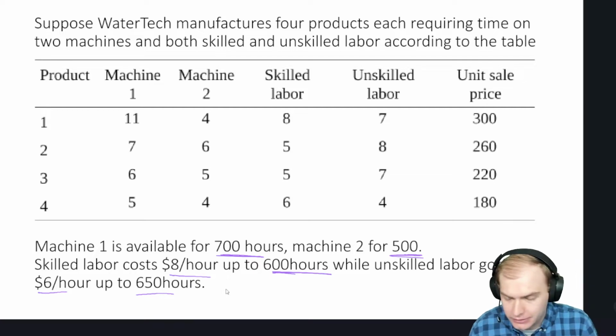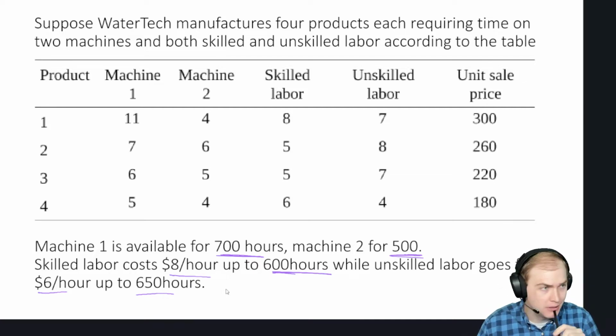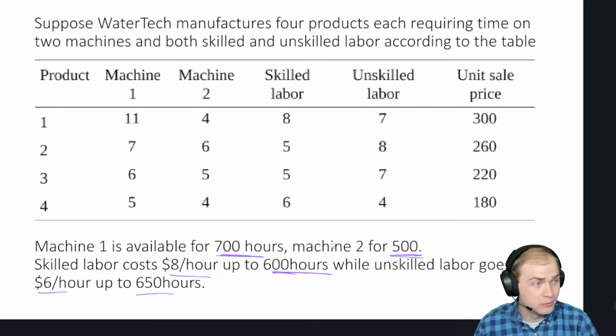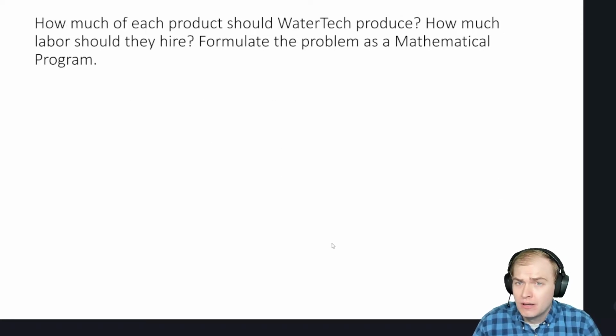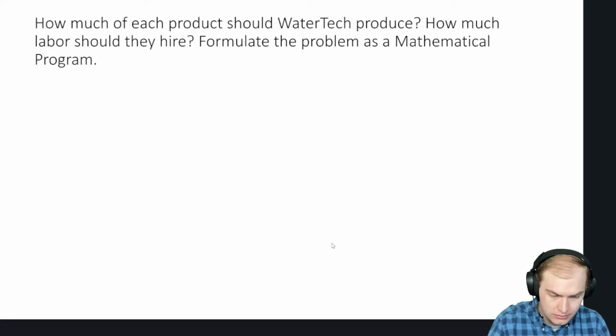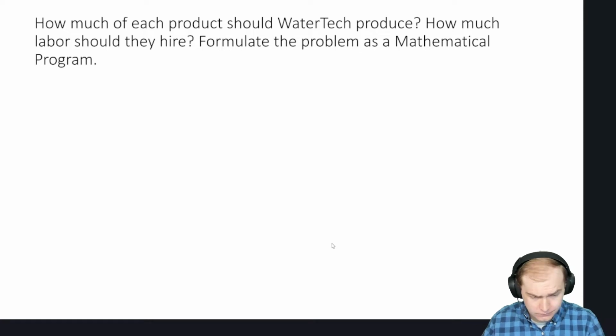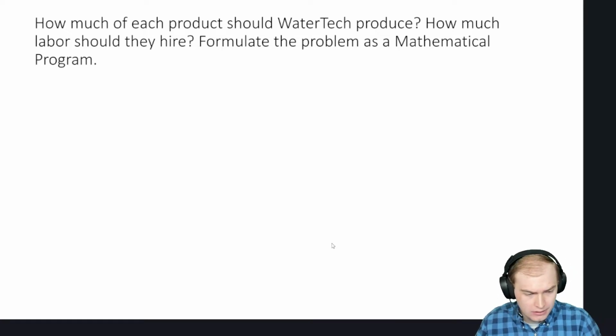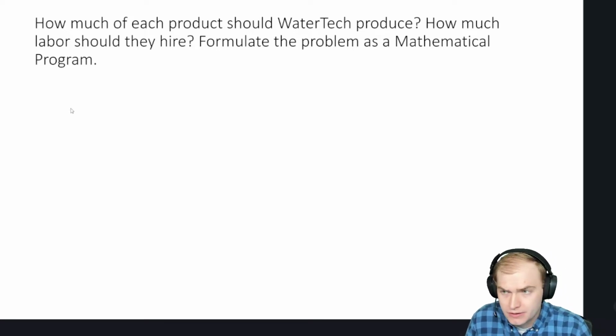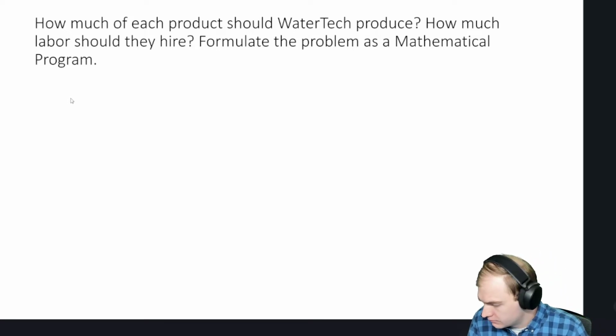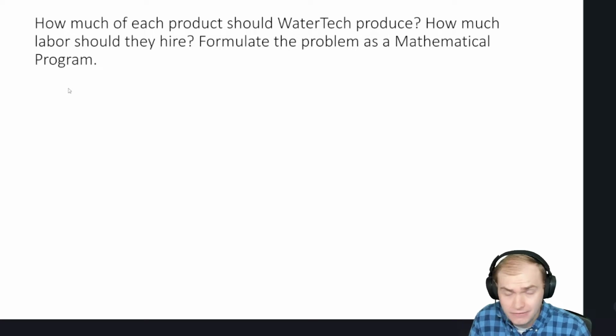We'll iterate on it later, but I just wanted to explain in words exactly how this model works. So the first thing we need to decide is what our variables are going to be. We have a few decisions to make.